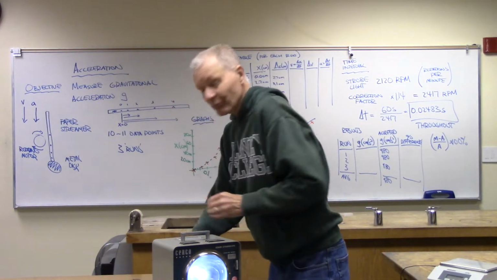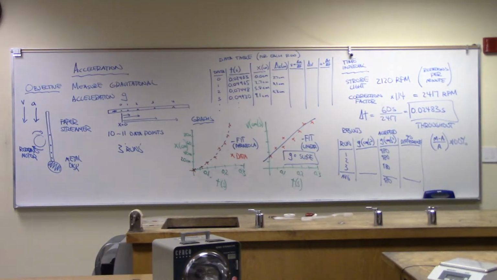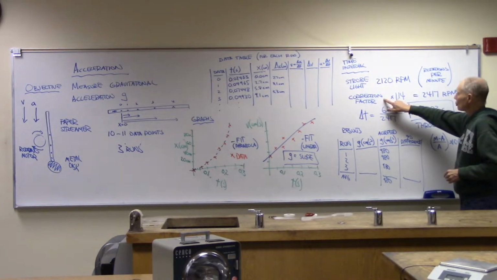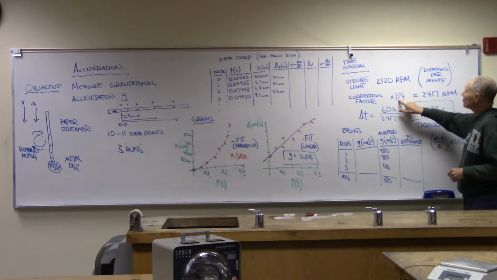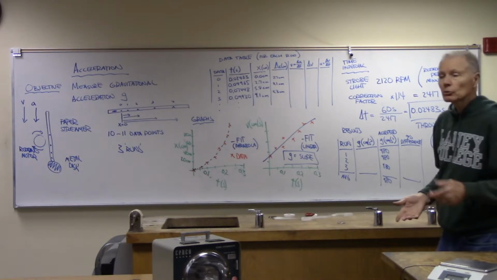What I found out, not so surprisingly, is that our strobe light calibration is off quite a bit. In order to correct for the strobe light mismeasurement, we have to multiply by 1.14. We have a 14% correction to the strobe light.